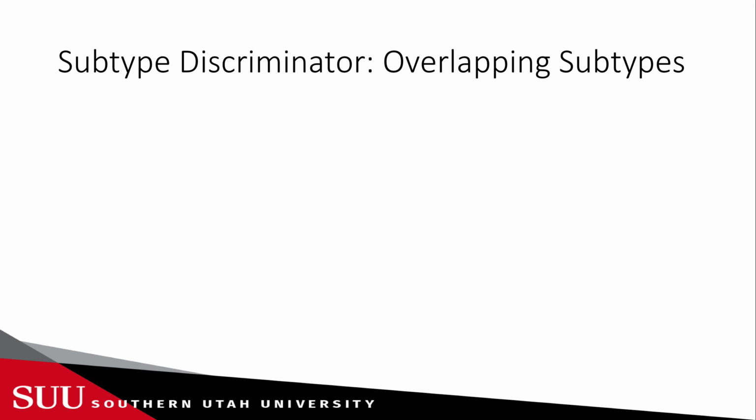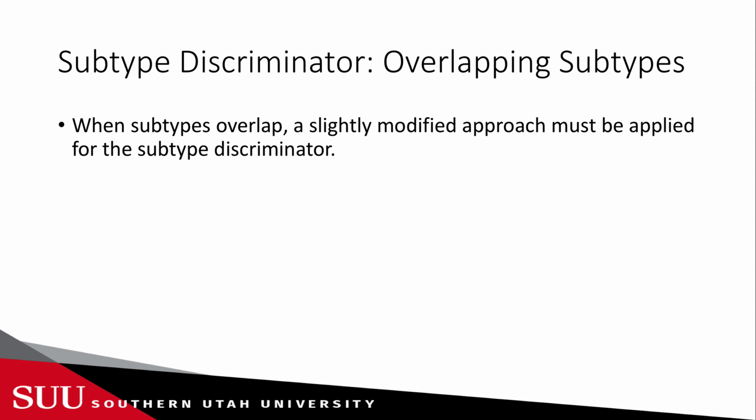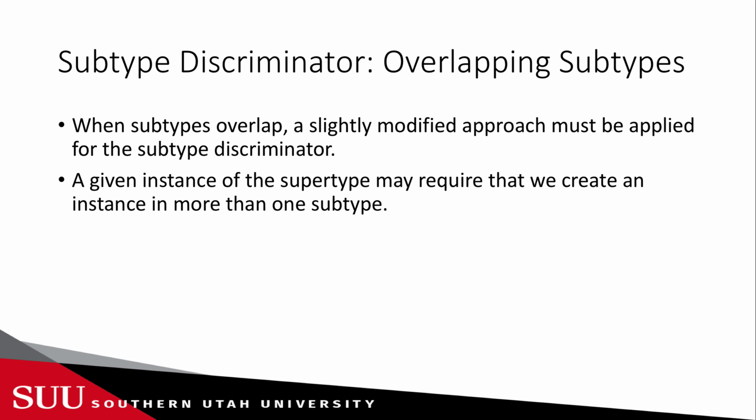Now, what about overlapping subtypes? When the subtypes overlap, a slightly modified approach must be applied for the subtype discriminator. A given instance of a supertype may require that we create an instance in more than one of those subtypes.